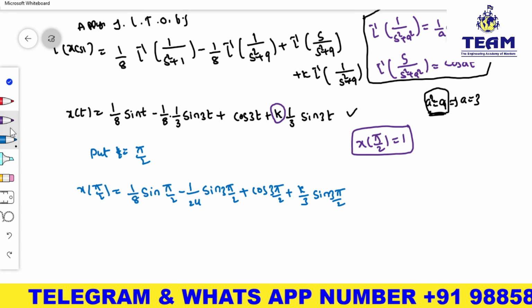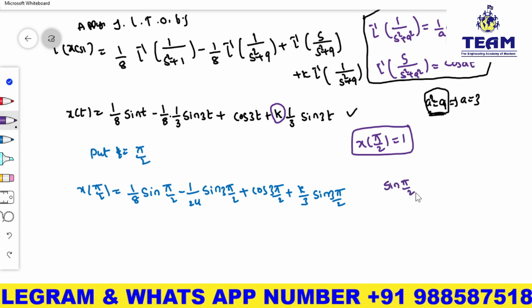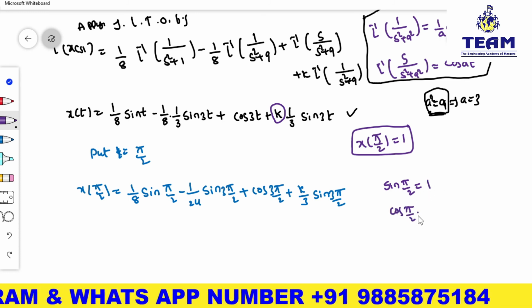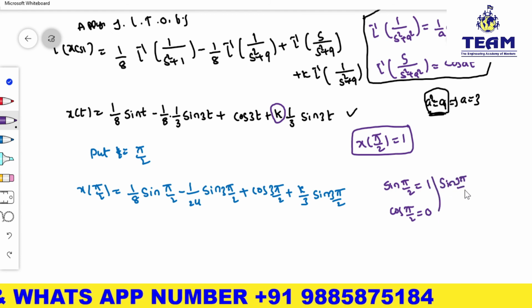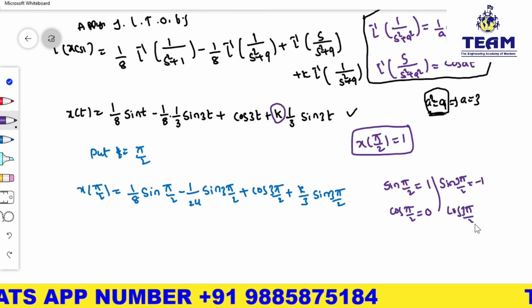Friends, you have to remember the trigonometric formulas. Sine pi by 2 is what? 1. Next cos pi by 2 is what? 0. Next sine 3 pi by 2 is minus 1. Next cos 3 pi by 2 value is 0.